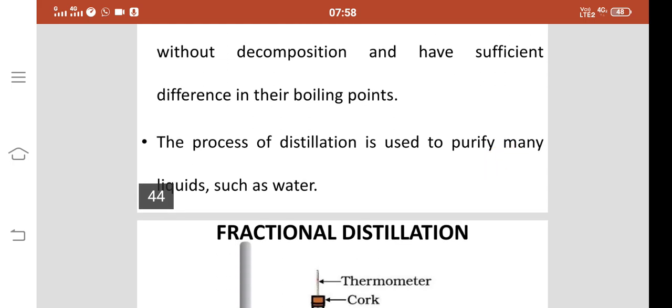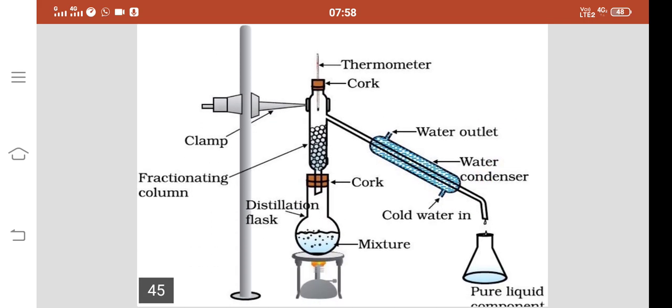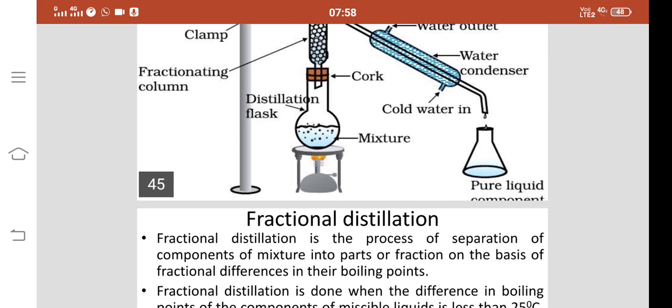Now the next process is fractional distillation. So you can see this particular slide showing the setup of fractional distillation. Fractional distillation is the process of separation of components of a mixture into parts or fractions on the basis of the difference in their boiling points.